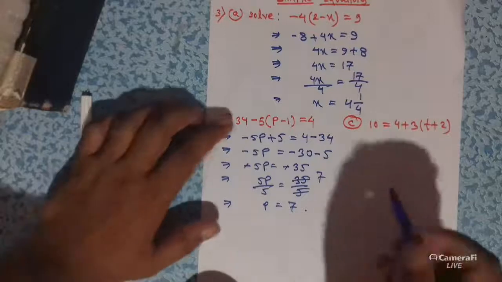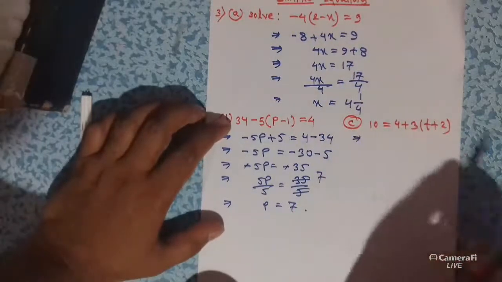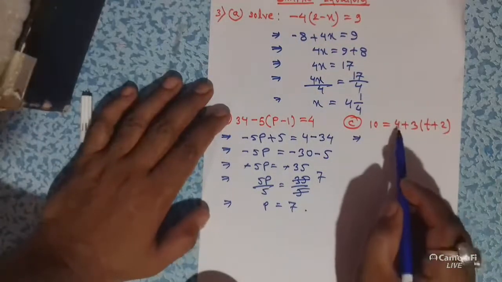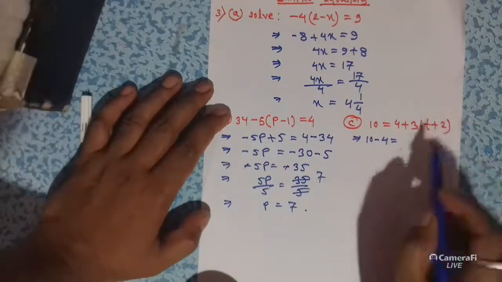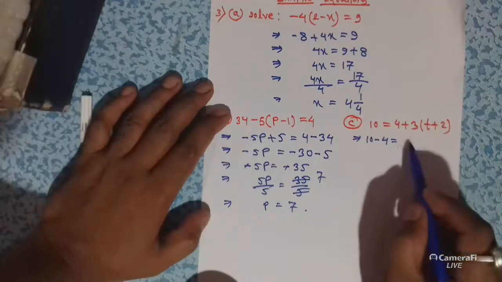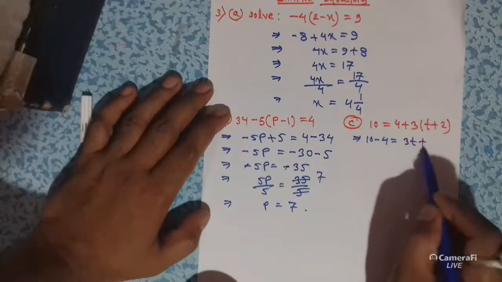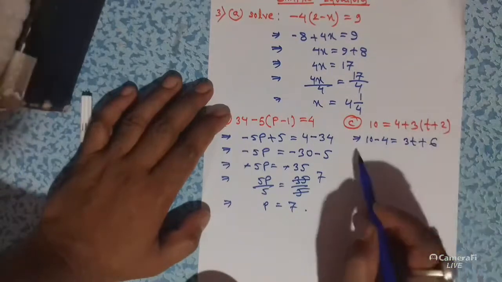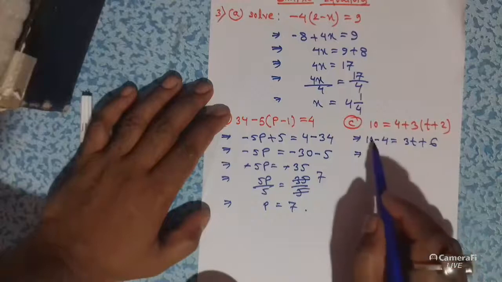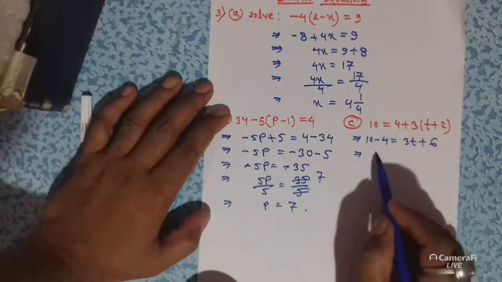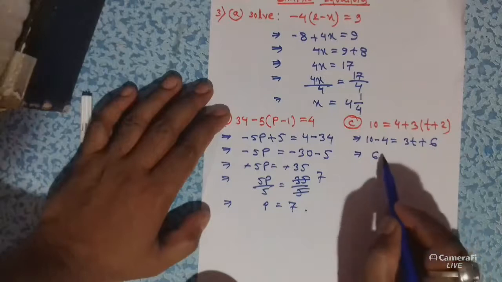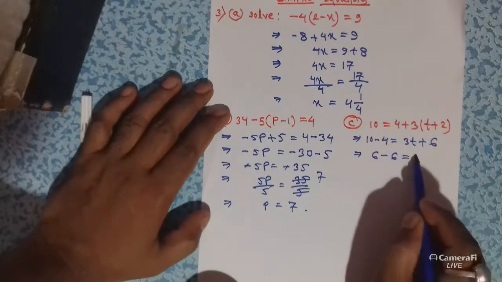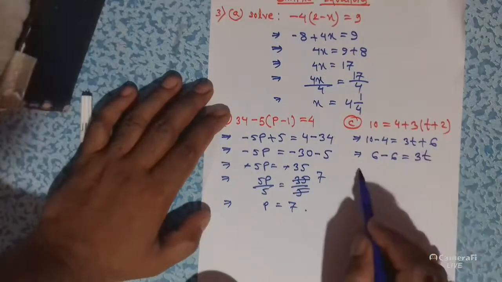Okay, I must check. At first you have to transfer 4 to the left hand side, so it will be minus 4, and multiply 3 with t plus 2, so it will be 3t plus 3 multiplied by 2 is 6. Now 10 minus 4 is 6, and transfer plus 6 to the left hand side, so it will be minus 6 is equals to 3t.